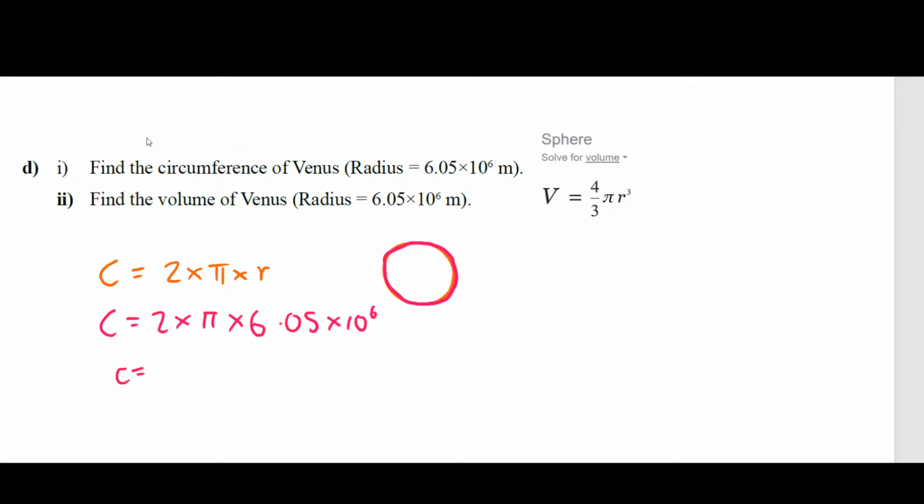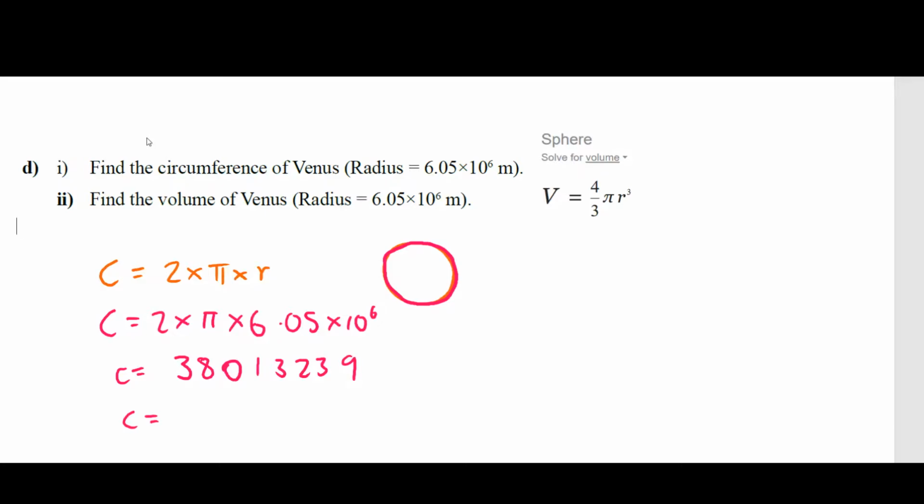We can type that straight into our calculator. 2 times pi times 6.05 times 10 to the power of 6, which gives me this: 38013233.9.